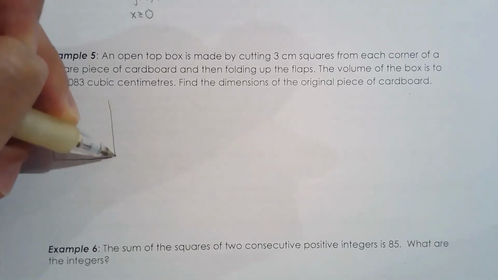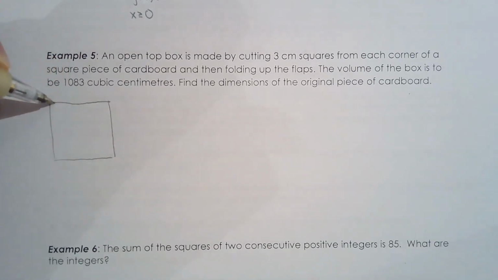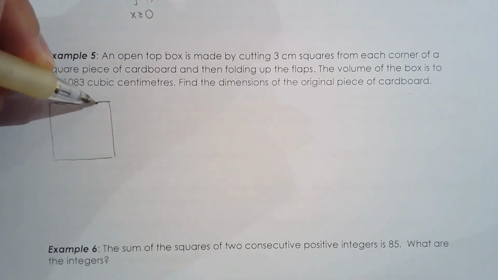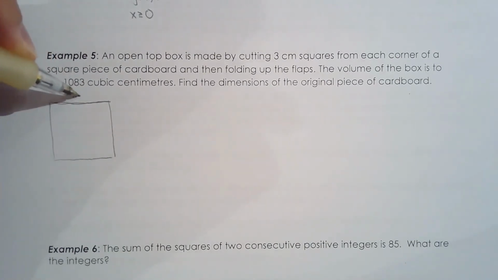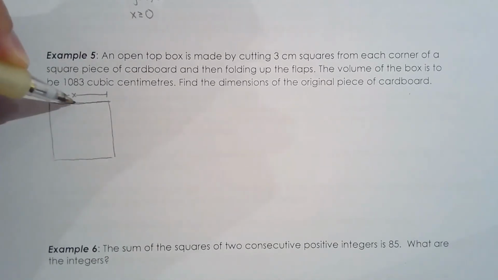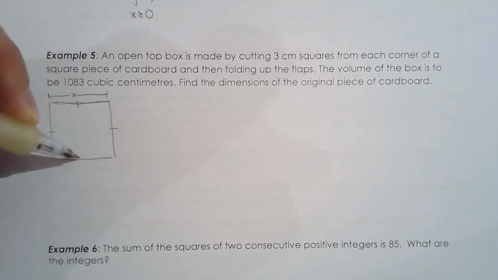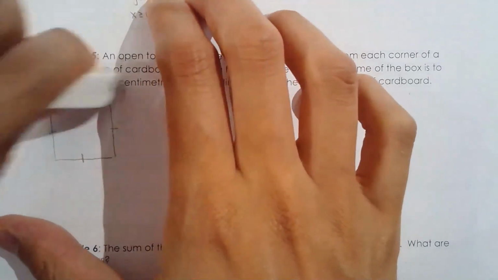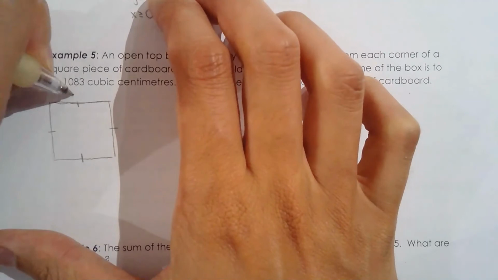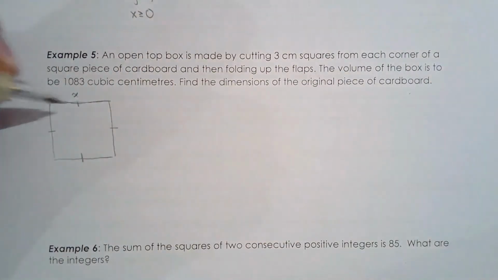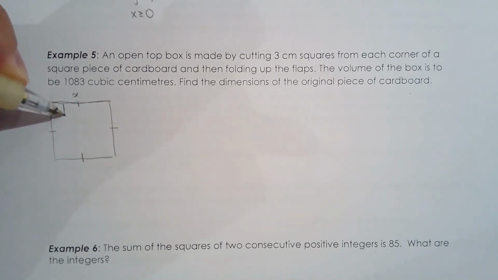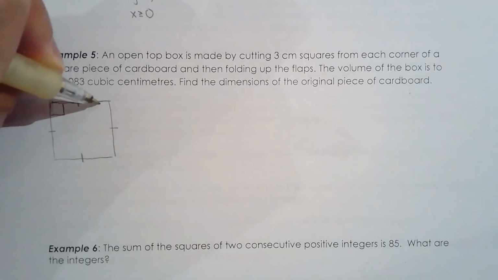I'm going to hopefully draw something nice for you. Okay, so you have a square piece of cardboard. You know what? I find that confusing, so this is x. Okay, so you have a square piece of cardboard, measuring x centimeters by x centimeters, and what you're going to do is cut squares from the corner.